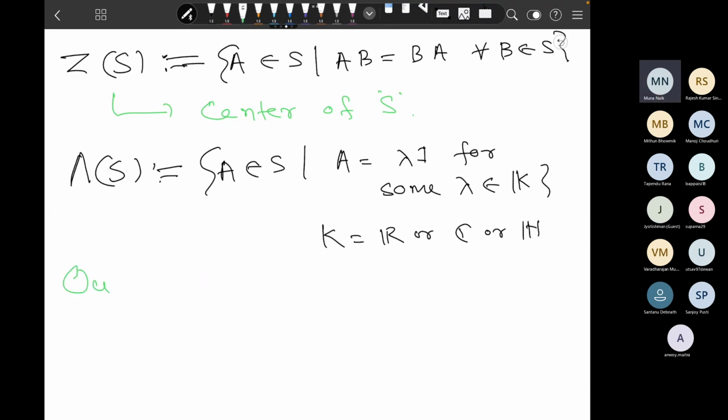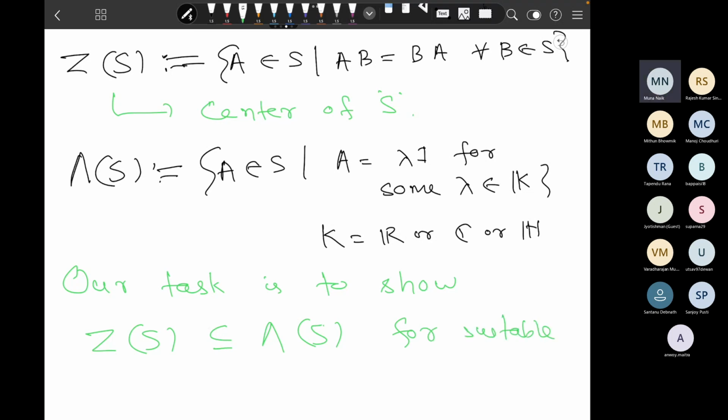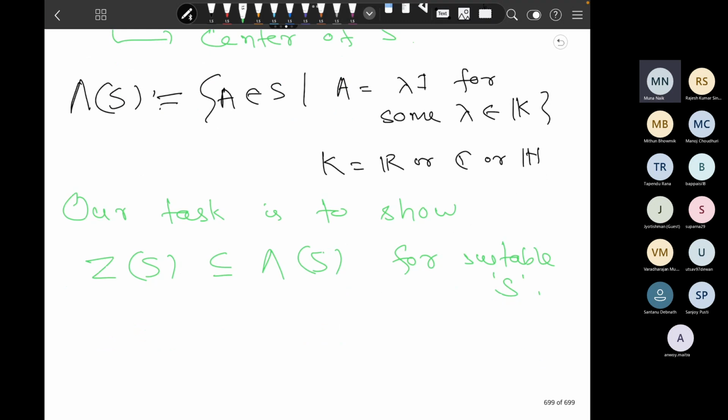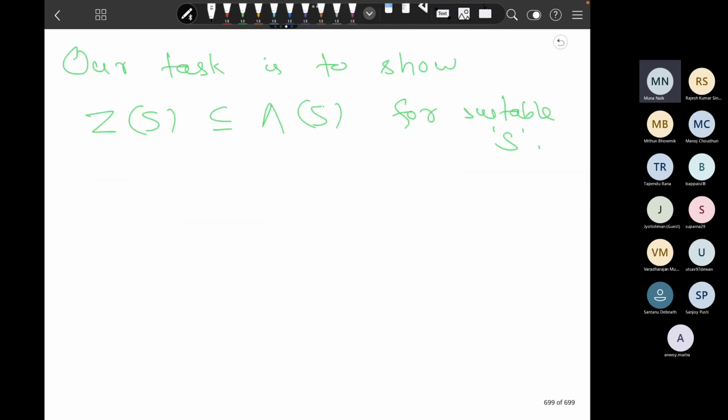Our task is to show Z(S) is a subset of Λ(S) for suitable S. If you can prove this fact, then after that everything is easy. So this should be our goal.